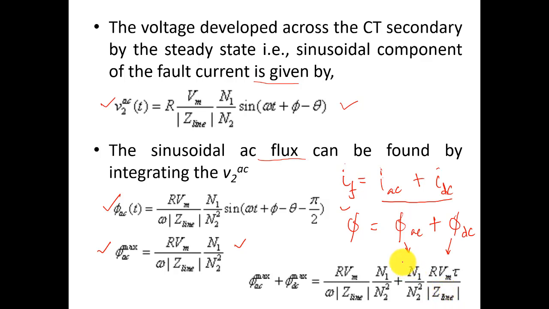So this is your maximum flux that can be produced in the core of the CT.